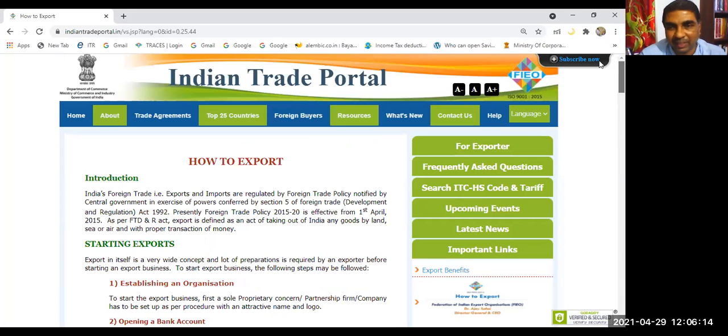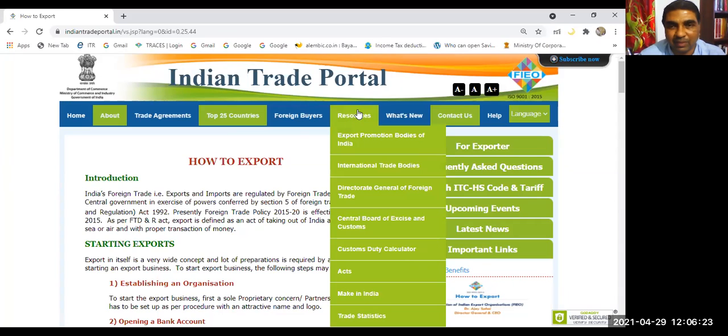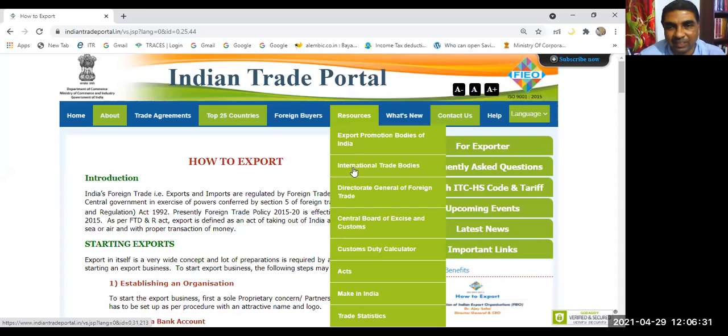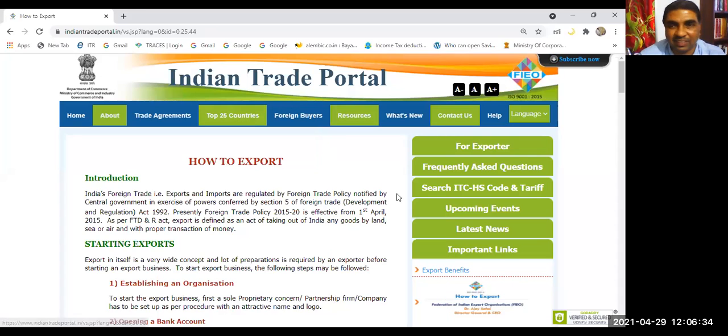So this is a very helpful website. For exporters, you can directly find many other services which are available. Export promotion bodies in India, links are available. International trade bodies, links are available, so one can see it. Got it?